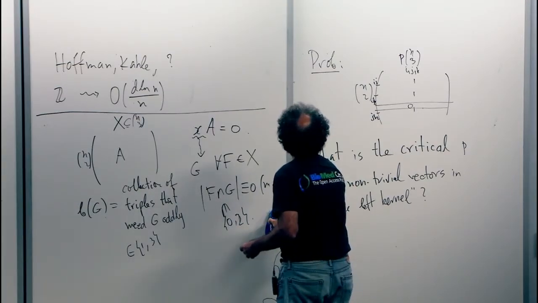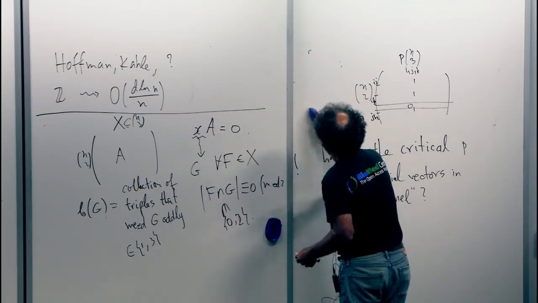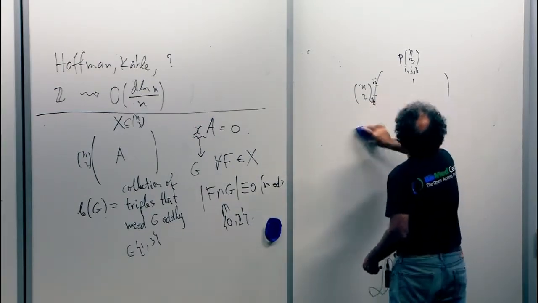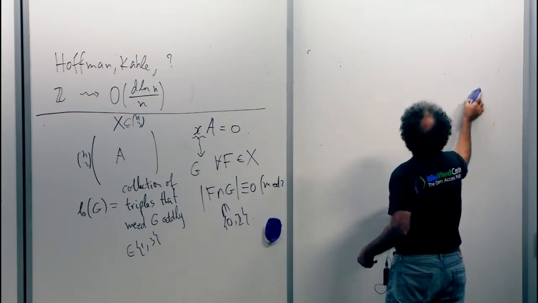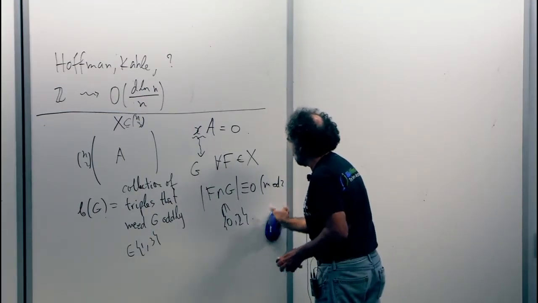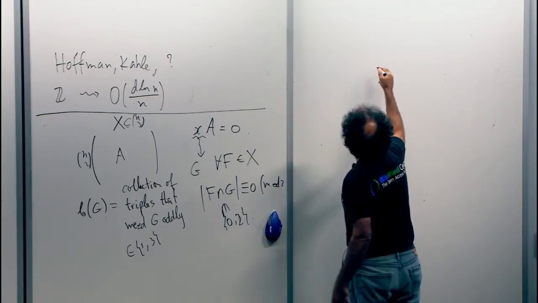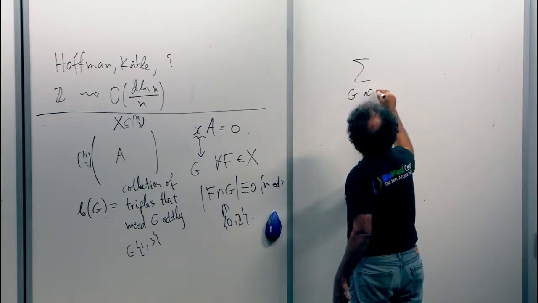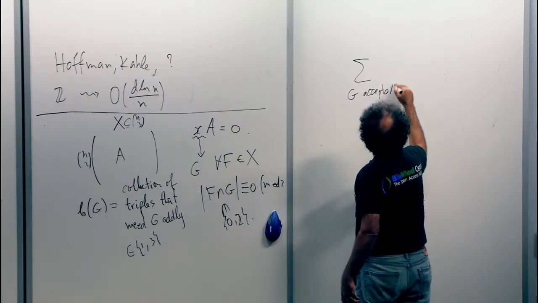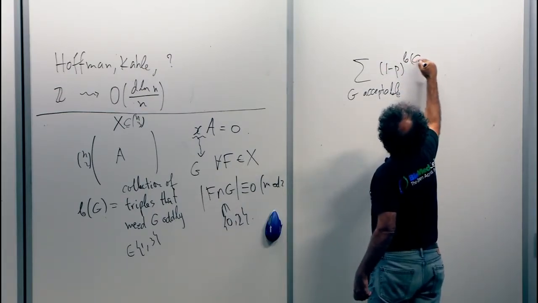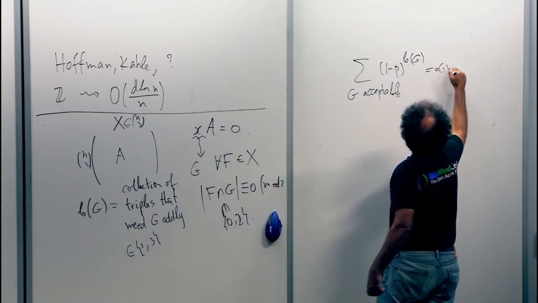So essentially the basic equality that we want to prove, there is still something critical that I haven't told you, but we want an equality that looks something like the sum over G acceptable, I'll explain this in a minute, of 1 minus P to the B of G, we want this to be little o of 1.